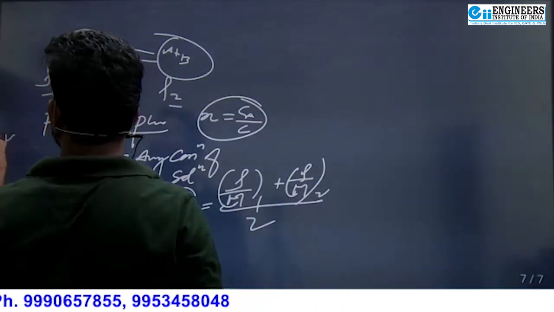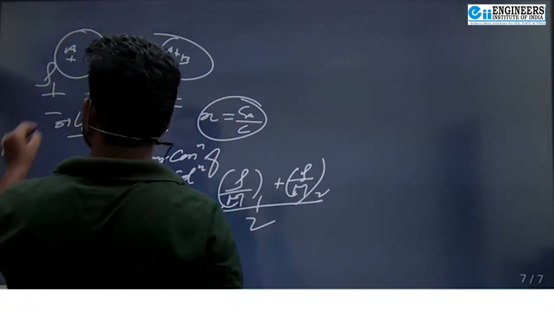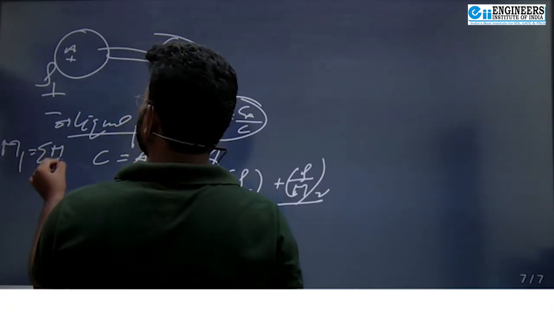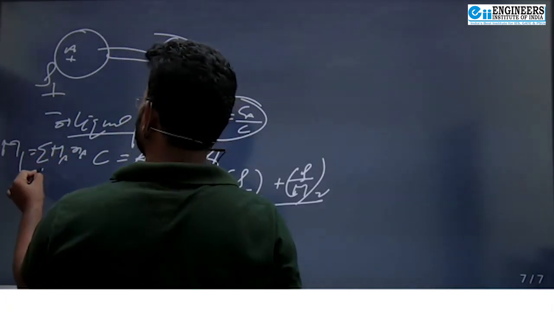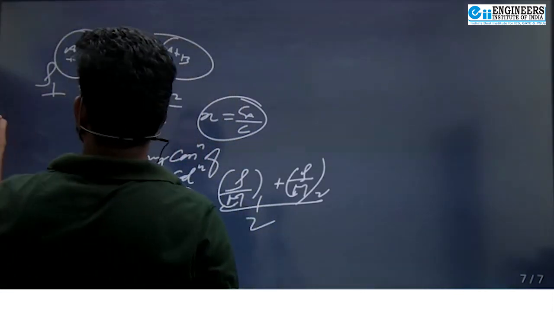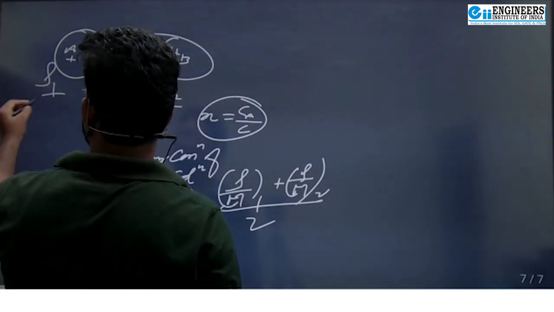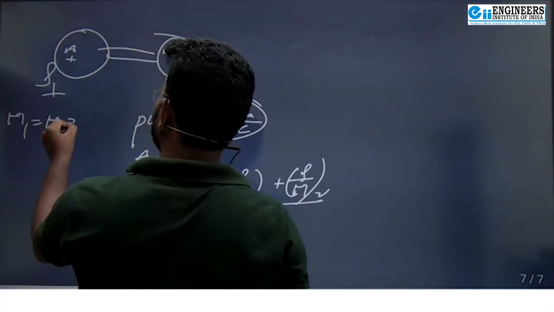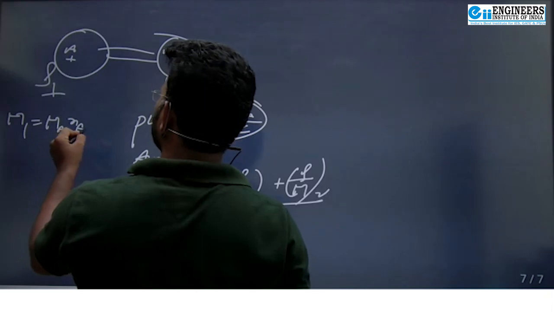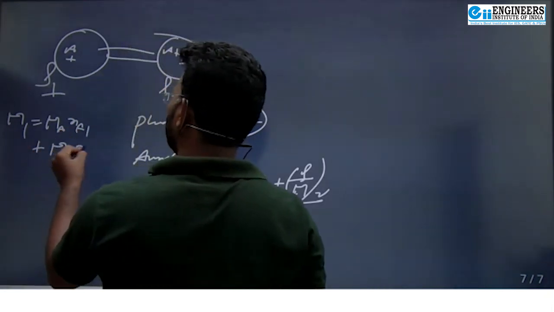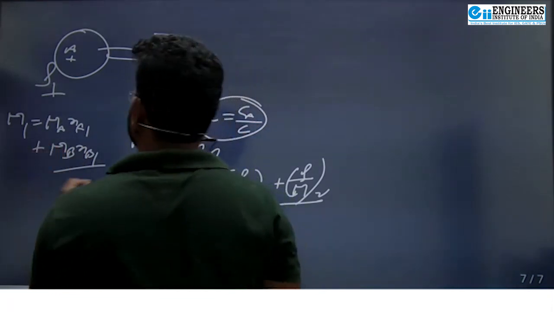How can you find the M1 बच्चे? M1 कैसे आएगा? This is the average molecular weight. This is called as summation of MA into XA. समझ रहा है नहीं? MA into XA1 plus MB into XB1 at 1 point पे.